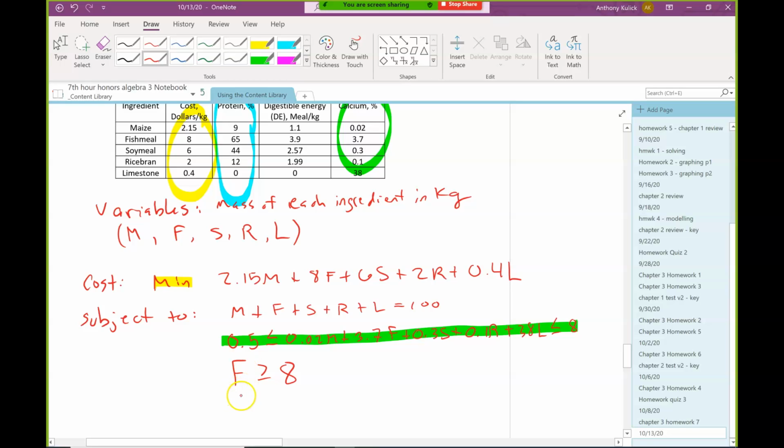So for example, I'd have 9m plus 65f plus 44s plus 12r plus 0l has to be less than or equal to 30. And really, I guess these should be decimal points, right?